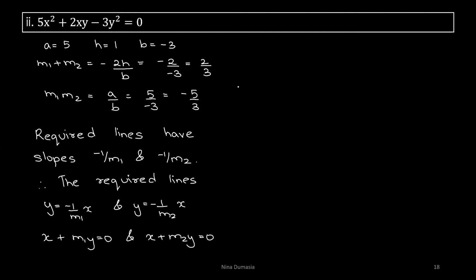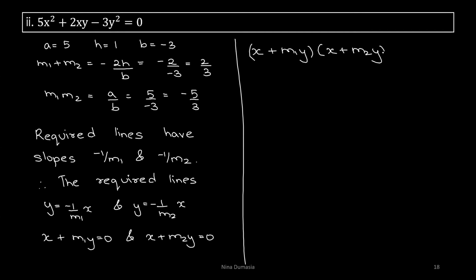Okay. Now on multiplying we get x plus m1y into x plus m2y is equal to 0. This is the combined equation.